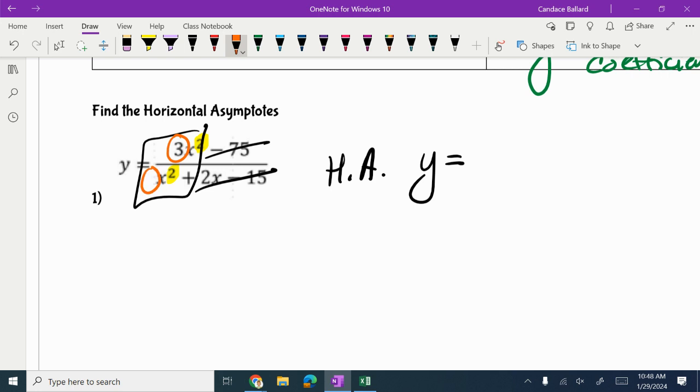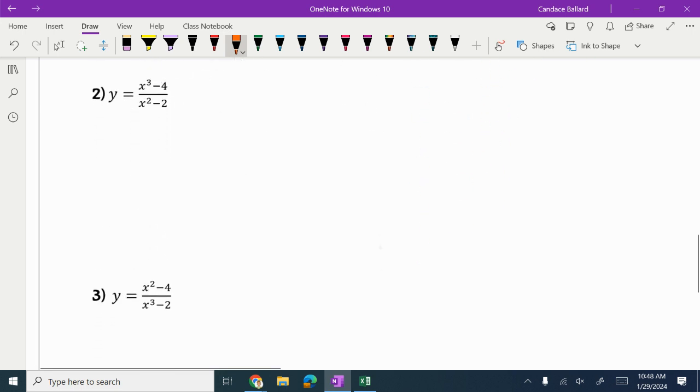What number is in front in the numerator? 3. In the denominator? 1. So my horizontal asymptote is y equals 3. It's quick and easy. No factoring needed this week. You just have to look at the exponents. If I were to graph this, my horizontal asymptote would be y equals 3.